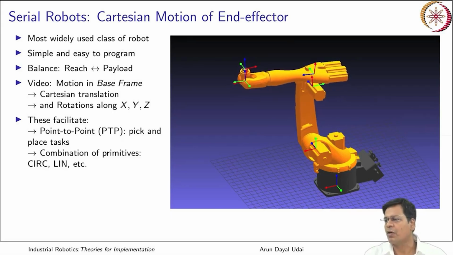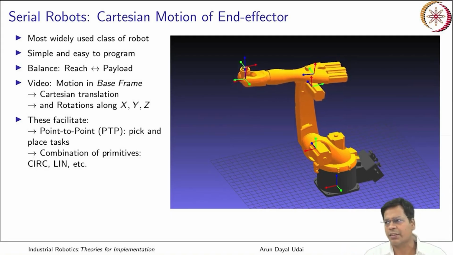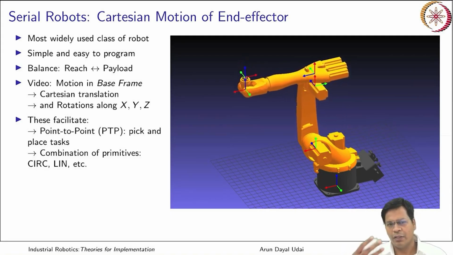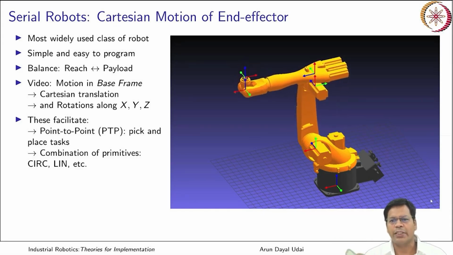Okay, it can be a combination of primitive tasks. Industrial robot controllers are pre-built with some kinds of motion, like circular arcs. They can be defined in different ways: two points and a center point, or radius and two points in the space, or maybe just three points in the space.